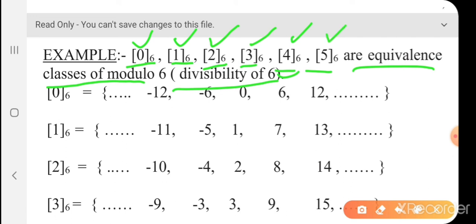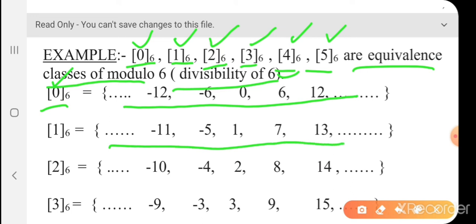Now the 0 equivalence class contains all numbers which, when divided by 6, leave remainder 0. When you divide these numbers by 6, the remainder will be 1. For these, the remainder will be 2, so this is the equivalence class of 2.